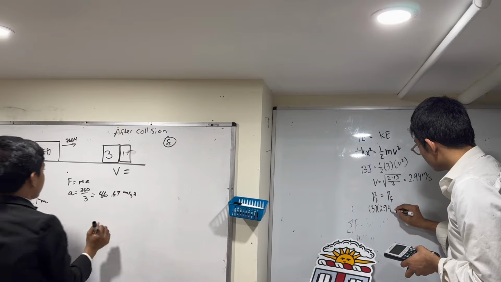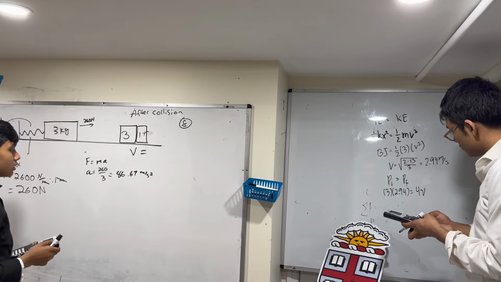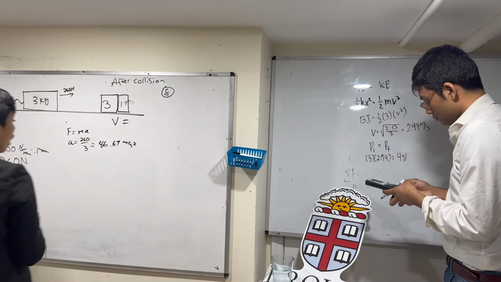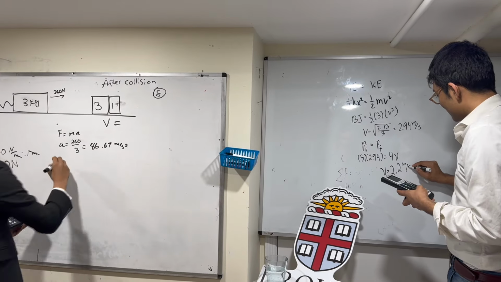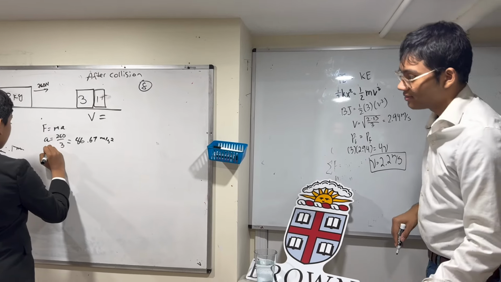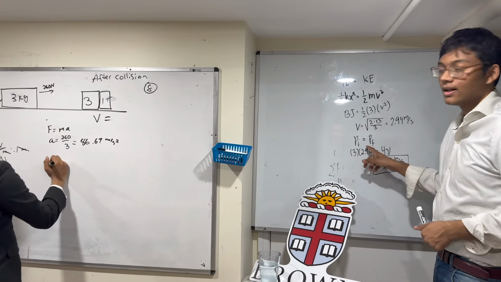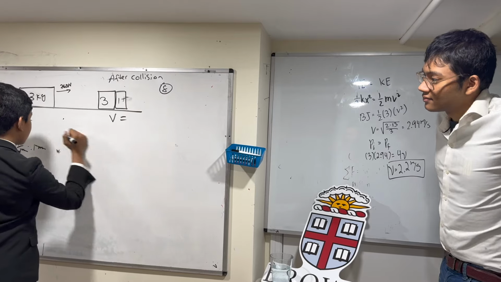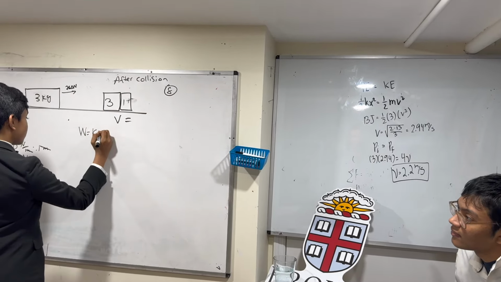Don't you think so? You have to use m1v1 plus m2v2 is equal. Oh yeah, you're right. He was right all along. Did you use m1v1 plus m2v2? Yeah. Okay.